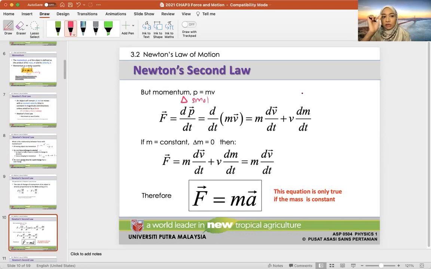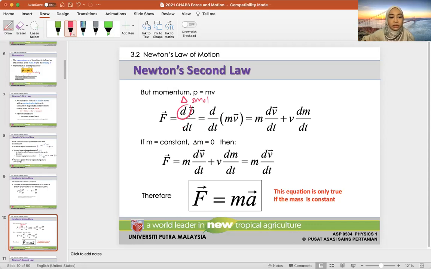You are differentiating over a small duration of time or small length or whatever, as long as the change is small. Whereas delta is not necessarily small, it can be big, it can be small. So d and delta are the same thing except that d is typically for small changes.